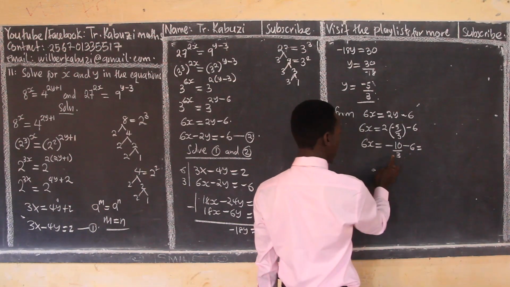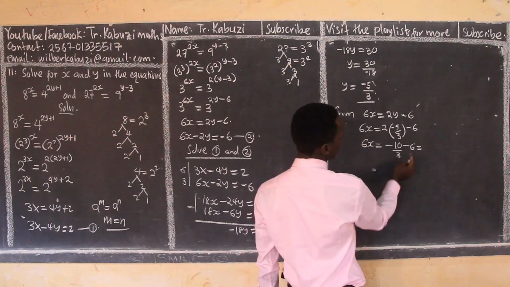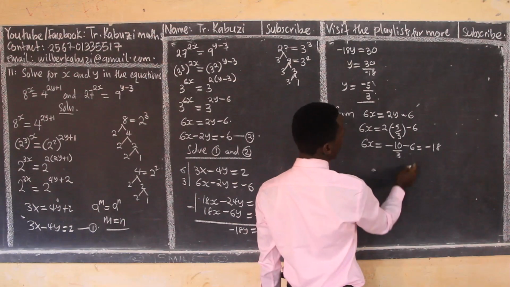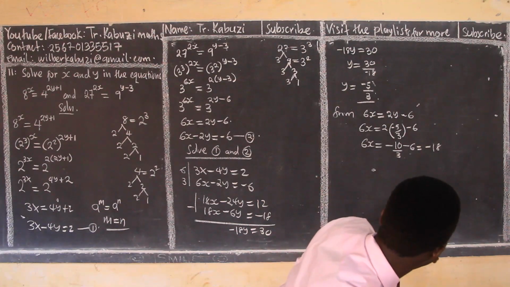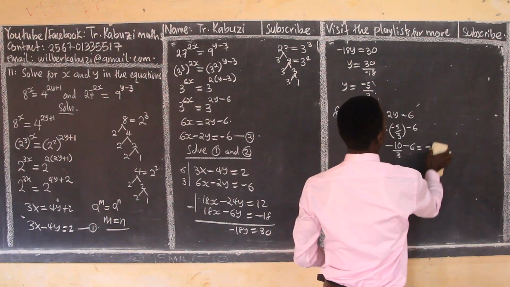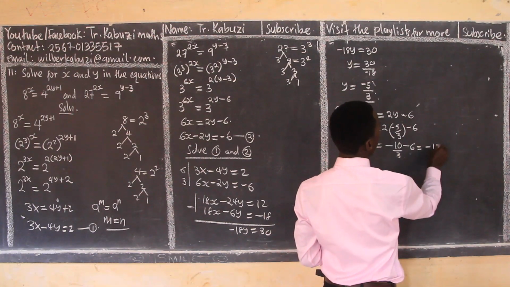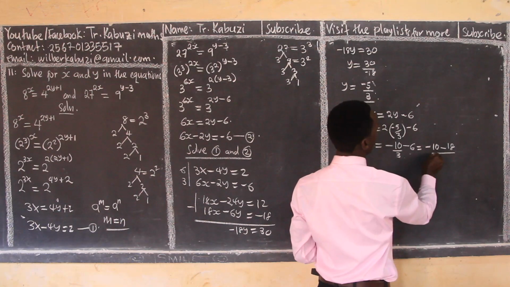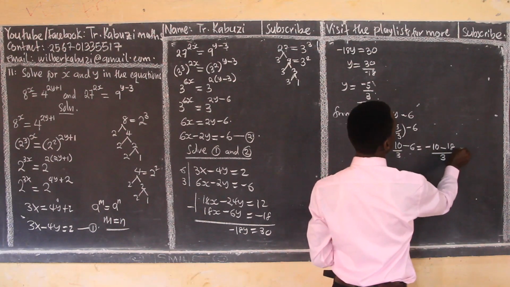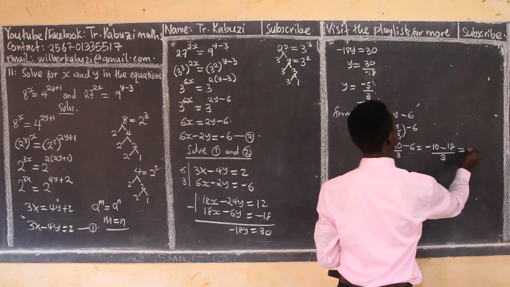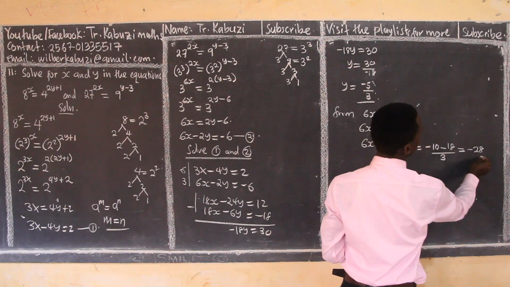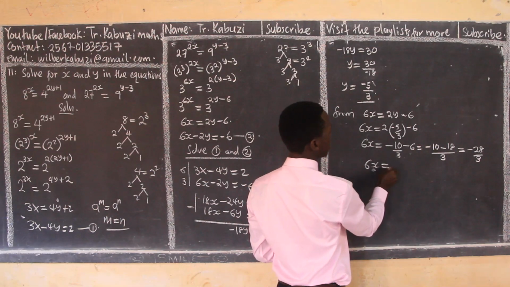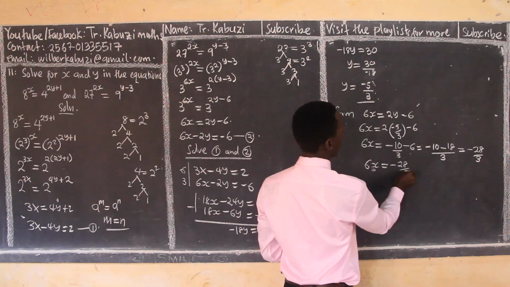And you see that I'm going to multiply this to get negative 18. Not to skip steps, I'll have minus 10 minus 18 over 3. And this will give me minus 28 over 3. So now my 6x is equal to minus 28 over 3.